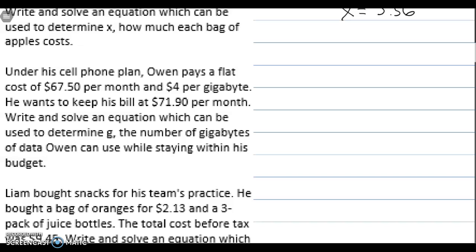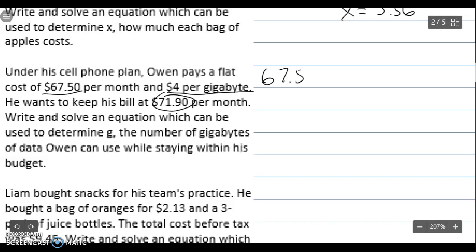So we know the total amount he wants to spend, right? And that's going to be $71.90. Okay. And the two amounts he's adding is the flat out fee that he has plus the $4 per gigabyte. Okay, so we're going to take the 67.50.